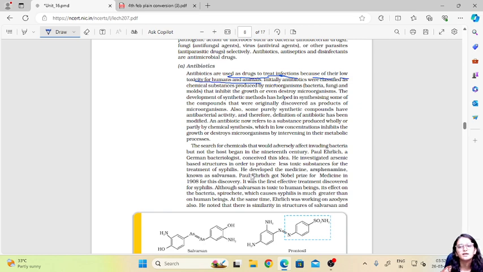Initially they were classified as the substances produced by microorganisms, that is bacteria, fungi and molds. Then antibiotic now refers to a substance produced wholly or partly by chemical synthesis, which is in low concentration, and antibiotics inhibit the growth or destroy the microorganism by intervening in the metabolic processes.